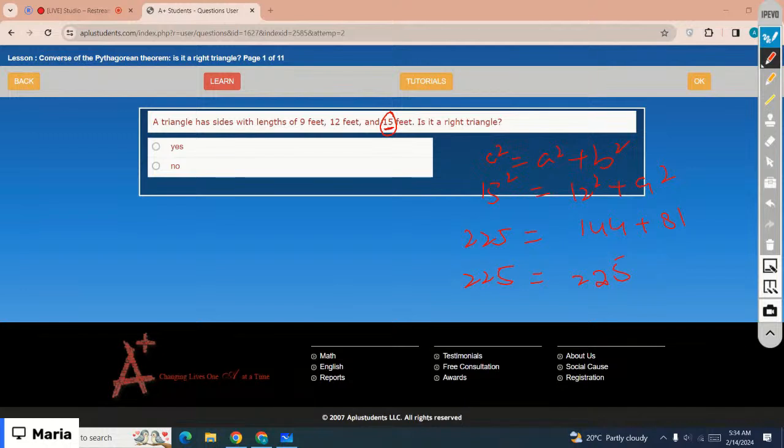So the correct option is yes, this is a right angle triangle. Okay, the correct option is yes.